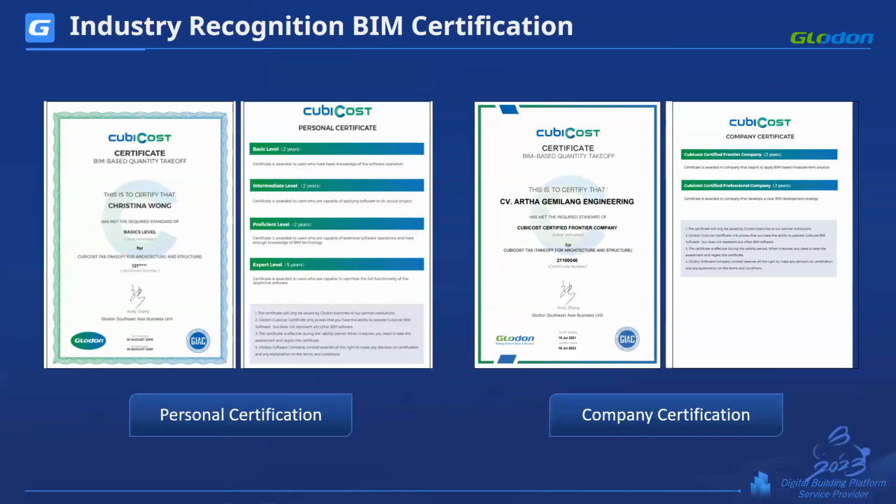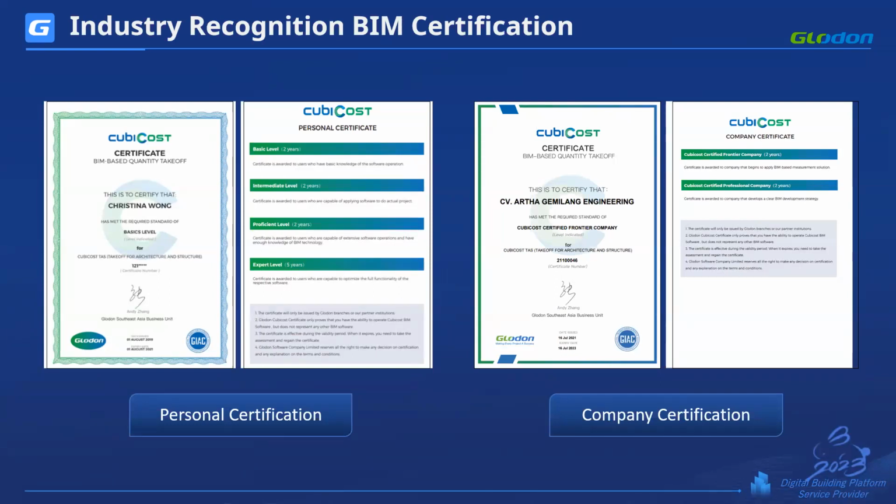After finishing this course, you can have a personal certificate directly from Glodon. If you have done your assignment correctly, you can have an expert level certificate. It will be valid for 5 years. Based on your assignment marks, you can have these levels.